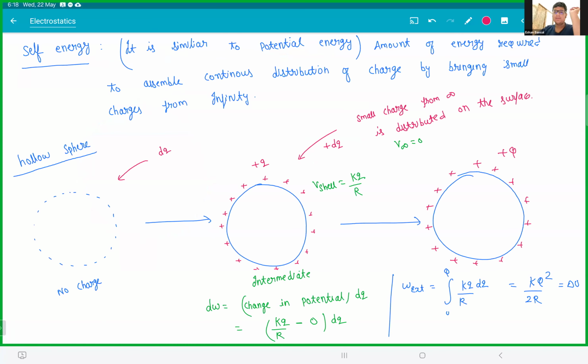Small doubt. Bolo na. If the sphere breaks into half and then the halves fly off to infinity, will the same energy be released or different? Not the same, right? The half sphere also has some self energy. The potential energy is converted to kinetic energy. Yeah, the kinetic energy is always there.